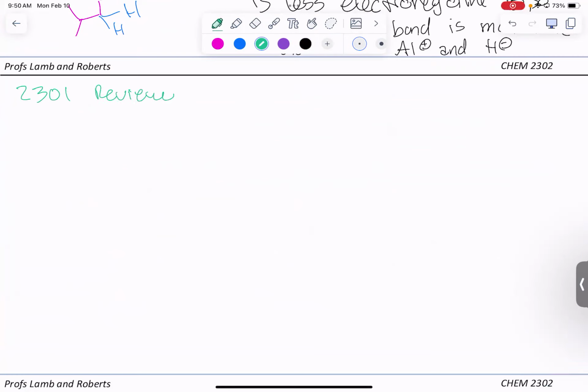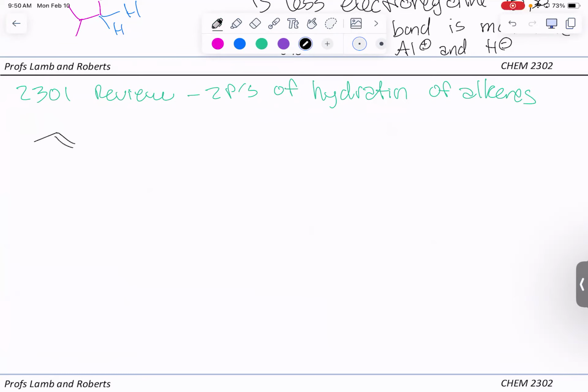All right, so this is the hydration of alkenes. We've seen before alkenes can get hydrogenated, but this is going to come up in your homework, so I'd just like to review that they can also undergo addition across them.